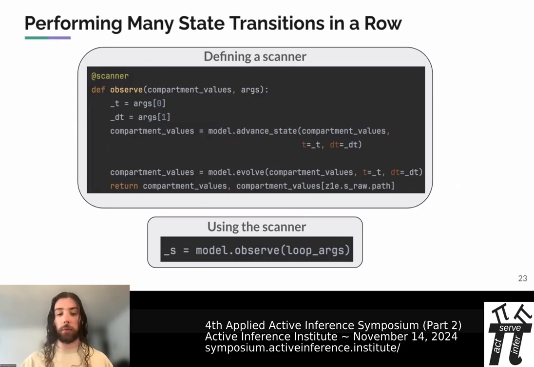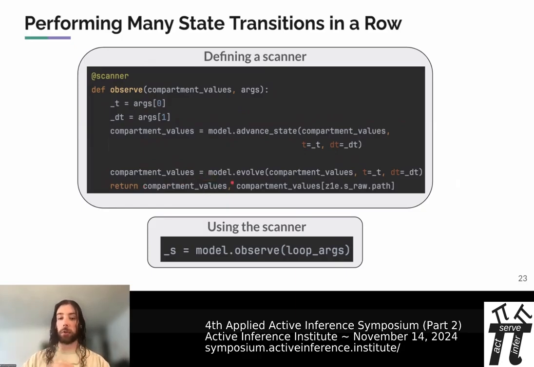And we'll notice that this gets compartment values because this is a pure function that takes in the model state and returns the new model state. Evolve is another compiled method that takes in the current state and returns the final state. And then we just return the final state at the end of that loop.